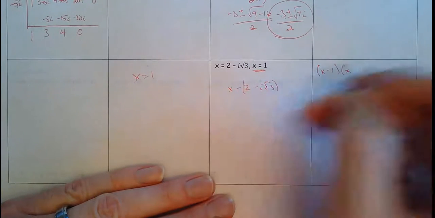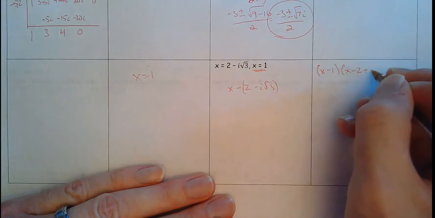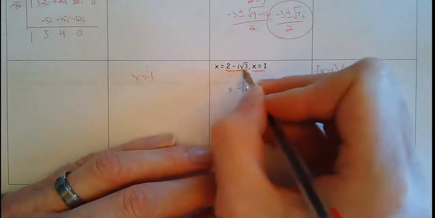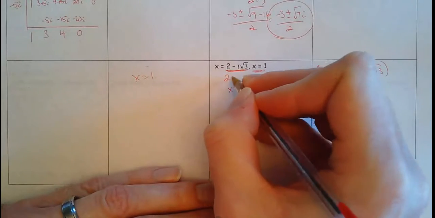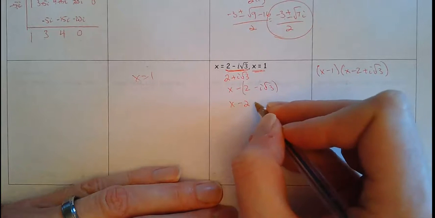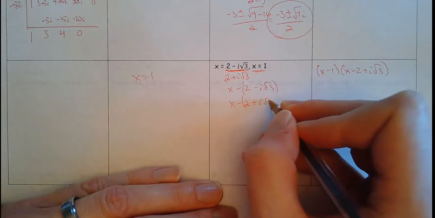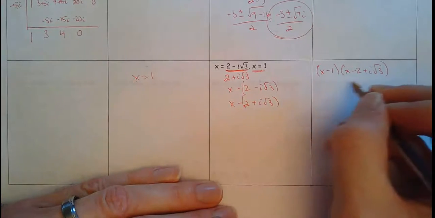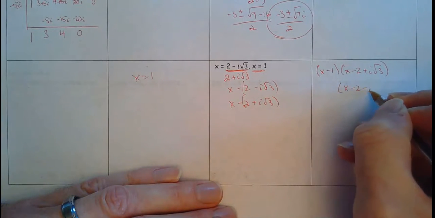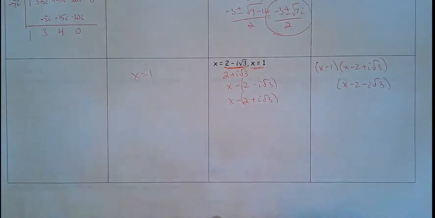I've got to distribute that negative out, so it'd be minus 2 plus i radical 3. And there's got to be another one, because if this is a solution, that means 2 plus i radical 3 would be 1. So I've got x minus 2 plus i radical 3. If I distribute the negative out, that would be x minus 2 minus i radical 3.